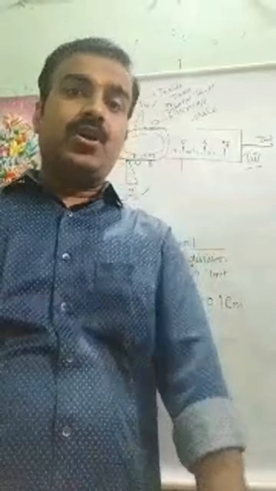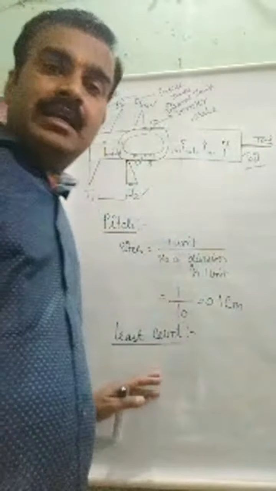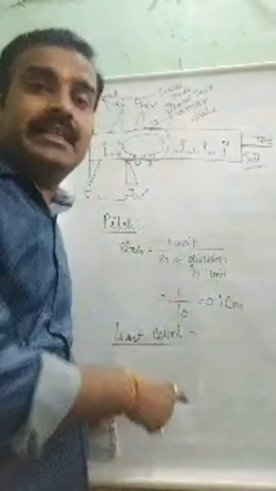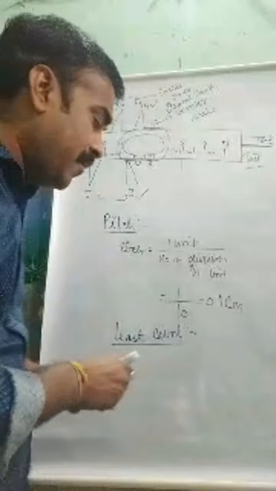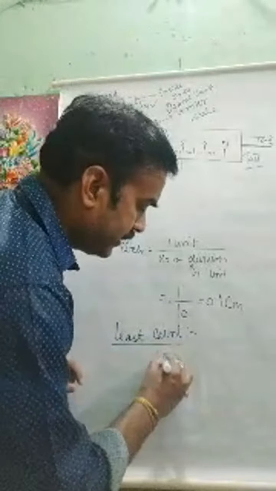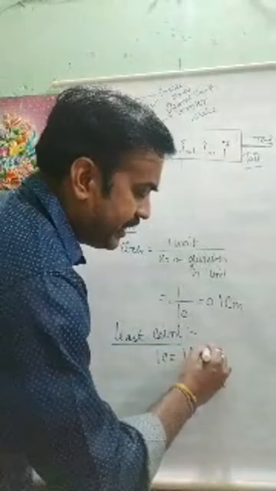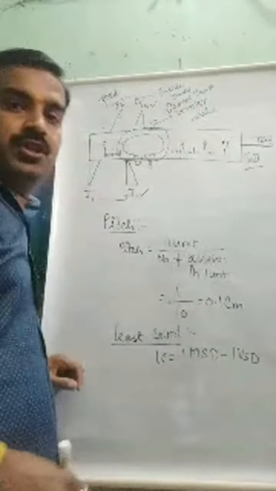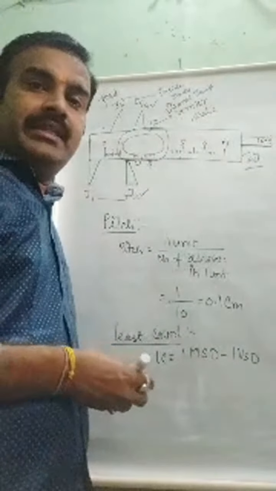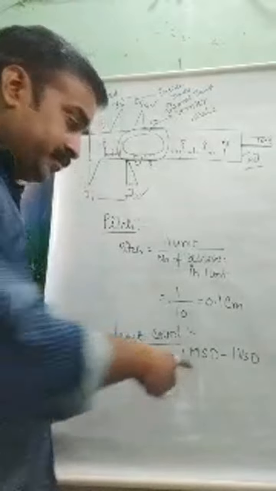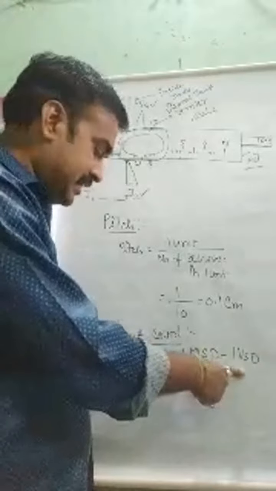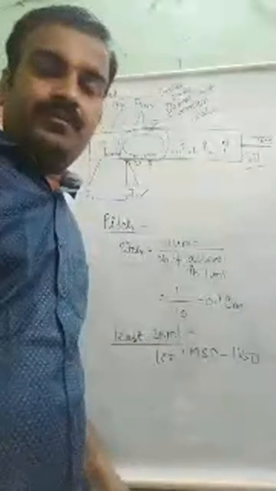So on that basis we can also define the least count as the difference between one main scale division and one Vernier scale division.